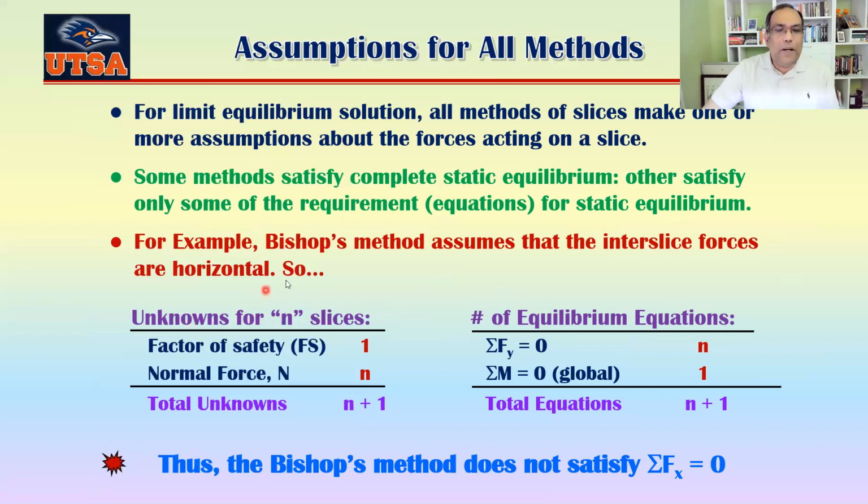So you can see here, for example, Bishop's method assumes that the interslice forces are horizontal. When you know this is horizontal, then basically there is no interslice force in the vertical direction, because it's just in the horizontal direction. So what he is trying to do is solve only summation of Fy equal to 0 and summation of moment for the global, the overall slope, that's actually 1.